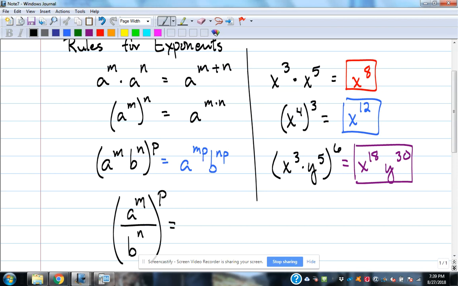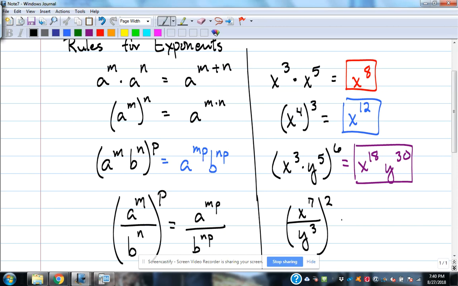Top and bottom. Okay? So that'd be a to the mp, b to the np, like that. The example would be something like x to the 7th over y to the 3rd, squared. X to the 14, y to the 6.